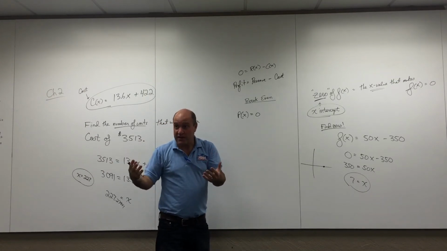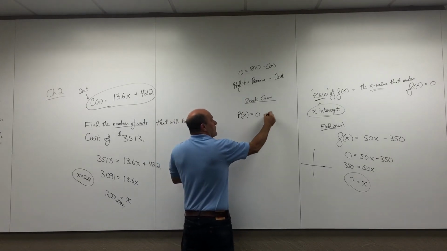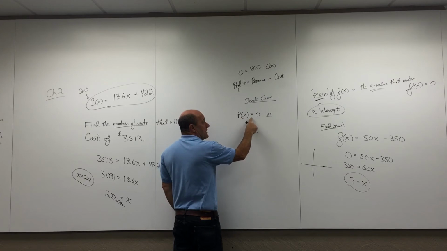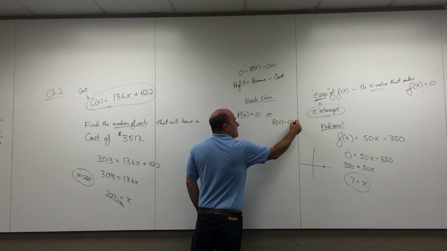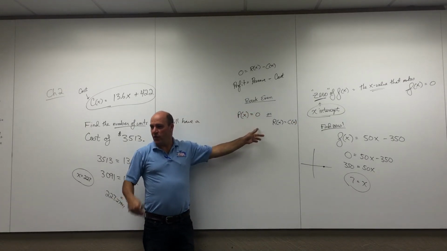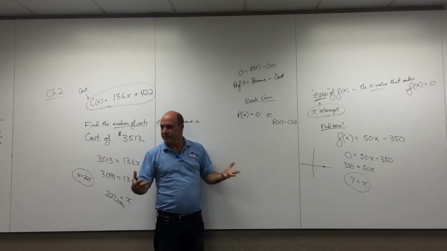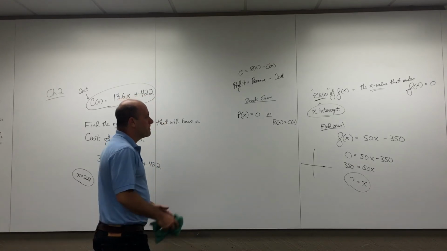So you've broken even when revenue equals cost, or when your profit equals 0. I'm going to say it two ways. You guys okay with this? Your break-even point is when your profit is 0, or when your revenue equals your cost. Those are the same thing.